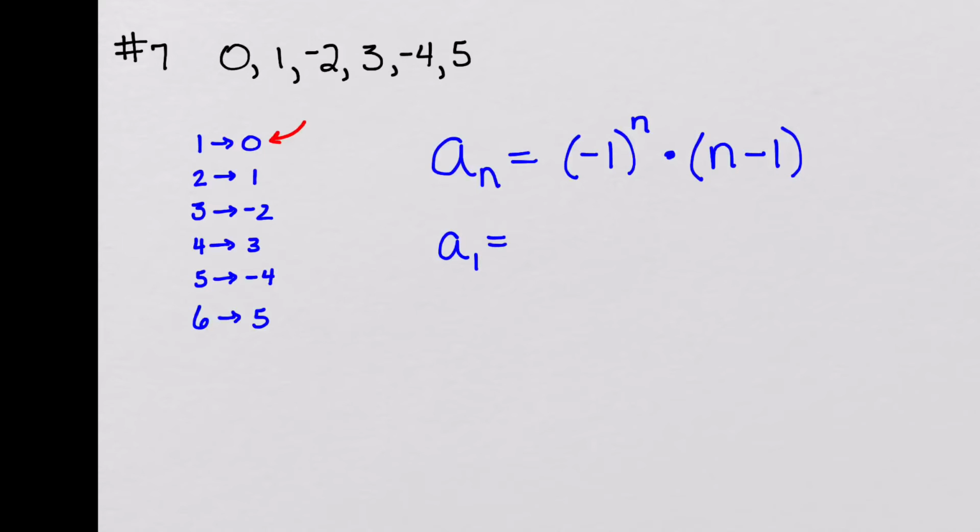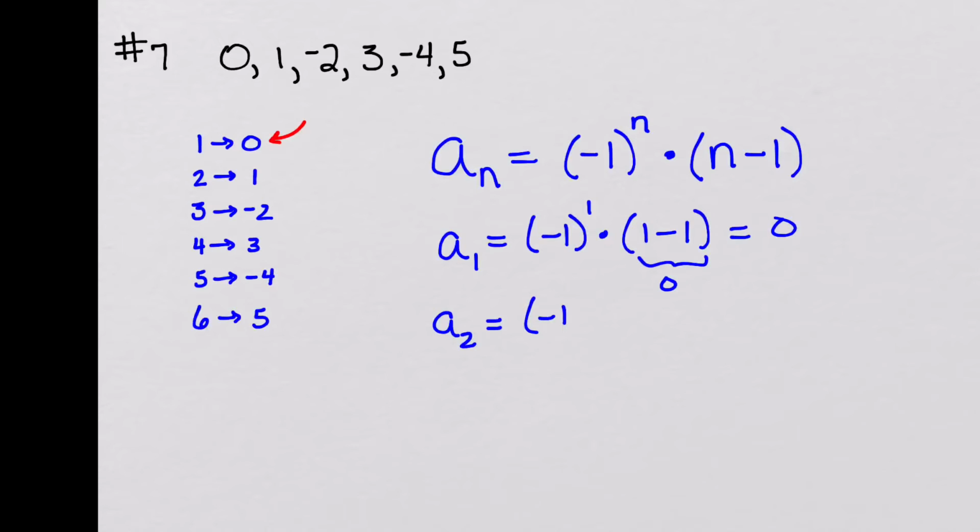You can check to see that this works. So a sub 1 would equal -1 to the 1 power times 1 minus 1, and since this part becomes 0, the whole thing is 0. Let's try a sub 2. We have -1 squared times 2 minus 1, and that gives us a +1 times 1, which gives us 1, and that's what we're supposed to get.